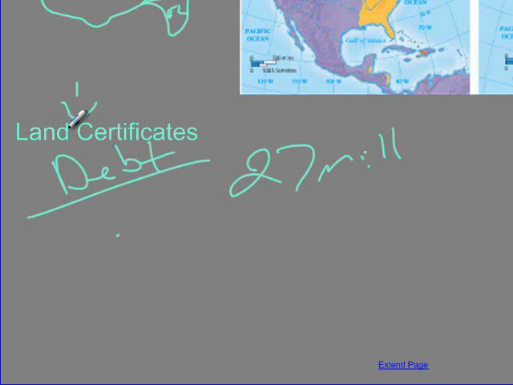You have to have money to get crops growing, and so a lot of these land certificates are just having to be sold just for basic supplies. So now we're going to look at how the new nation of the United States kind of grows into a functioning nation.